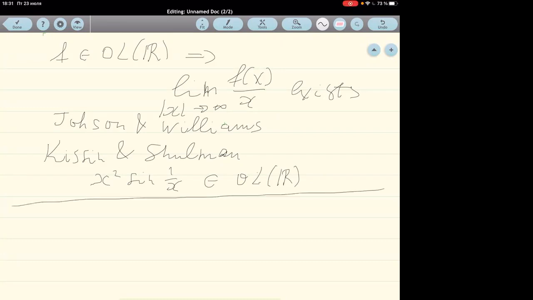As for sufficient conditions, I can mention my result of 1985 that if f belongs to the Besov space B infinity 1, 1 on the real line, then f is operator Lipschitz.